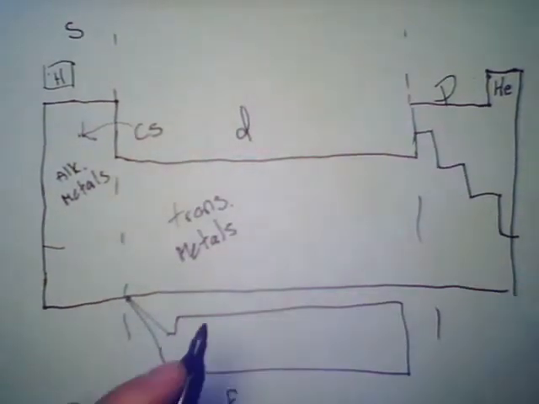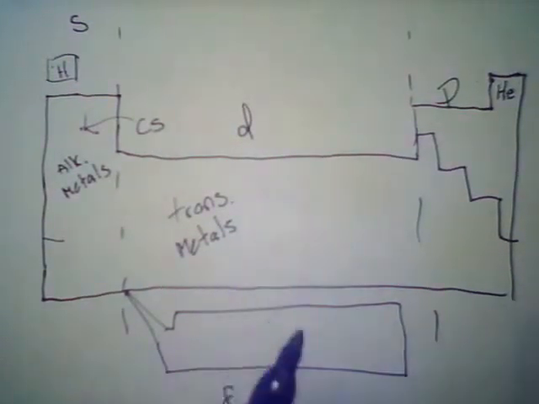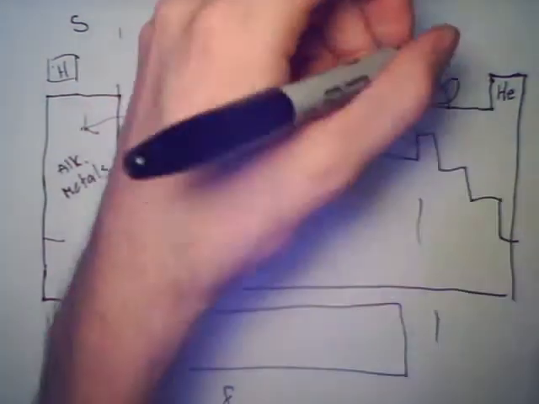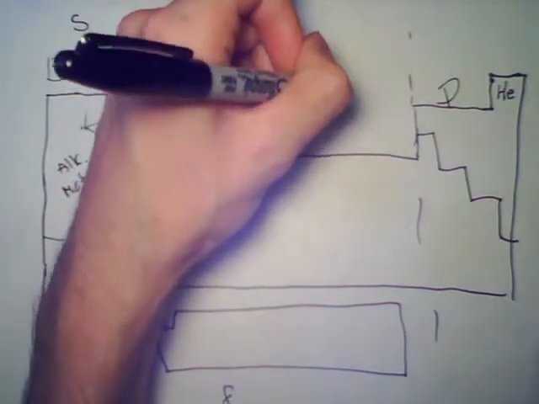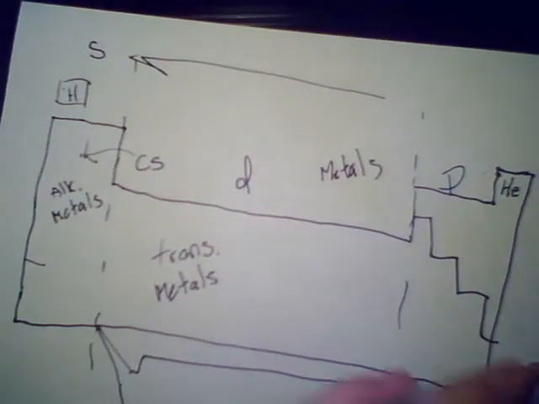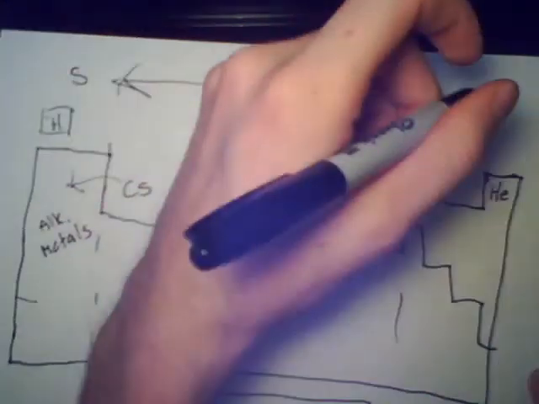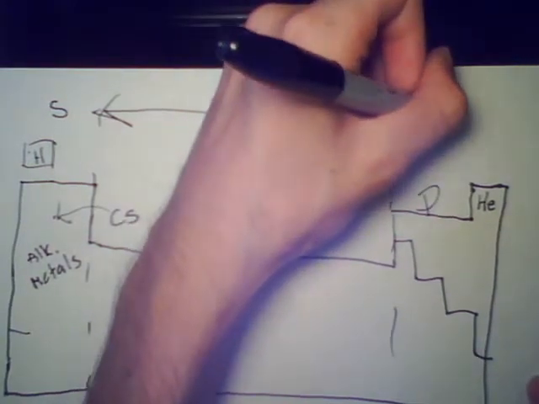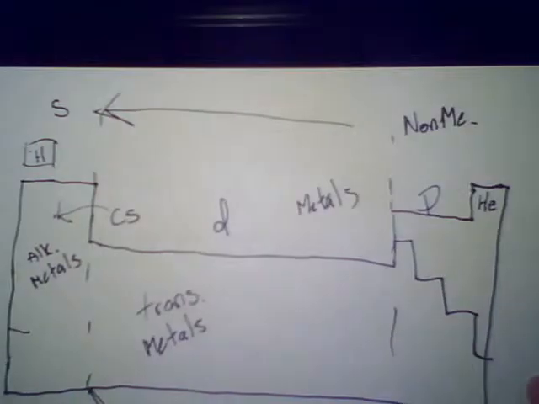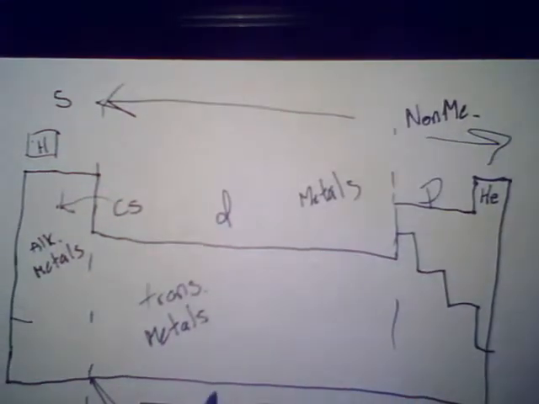There's something called a staircase, and this staircase is on every periodic table. It will divide the periodic table into metals on this whole side, and then non-metals are on this side. So obviously there are a lot more metals than non-metals.